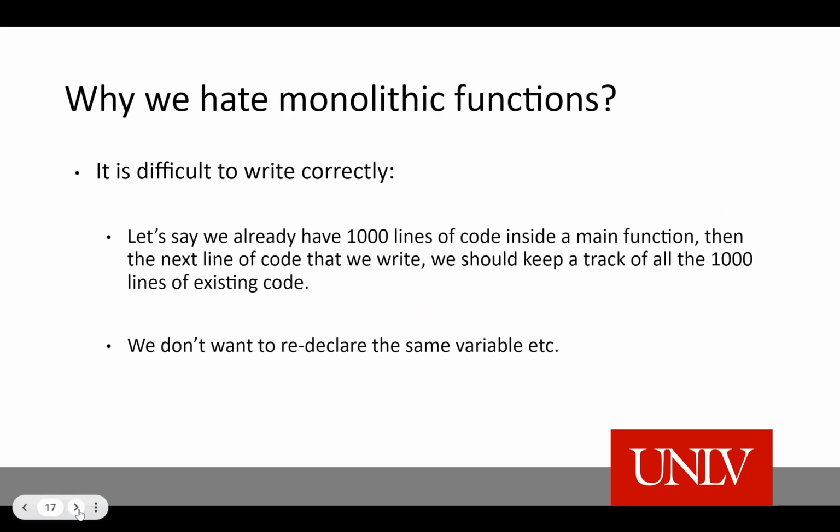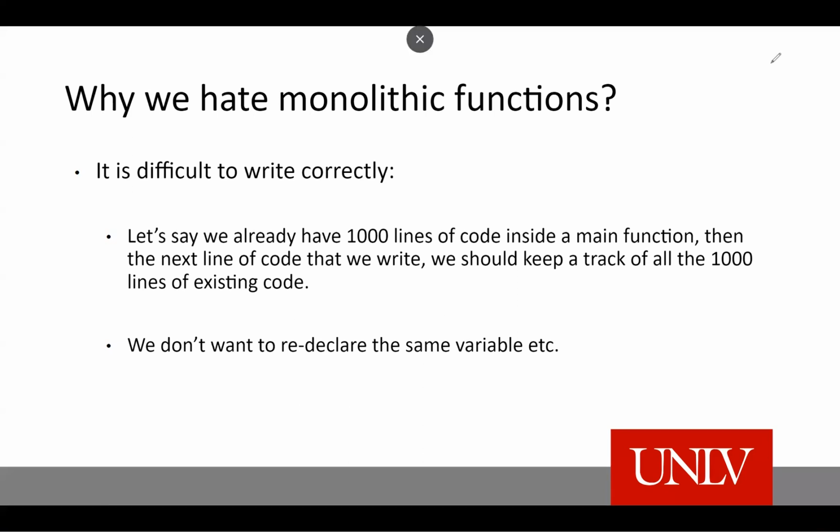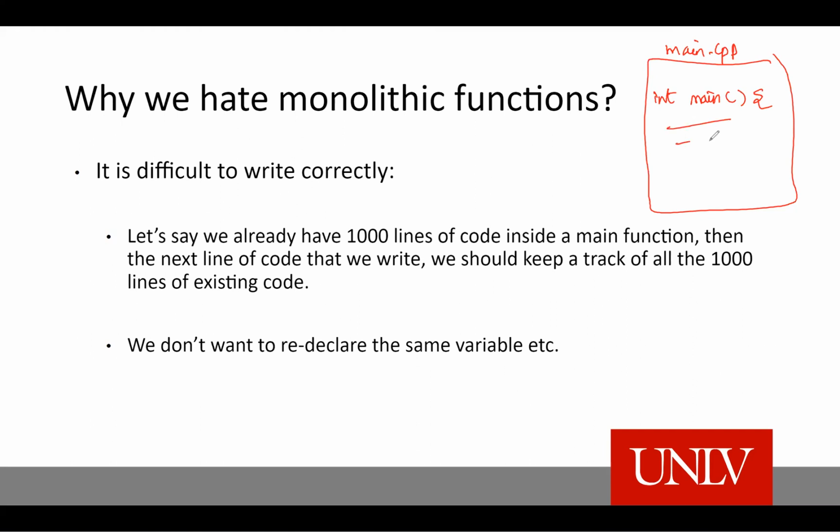So these are the disadvantages. And by the way, if we write all the logic inside our main method, and our .cpp file contains a single main method, for instance, consider main.cpp. This is the file name. And here we wrote int main, open the function body, lots of lines of code, and then close it.